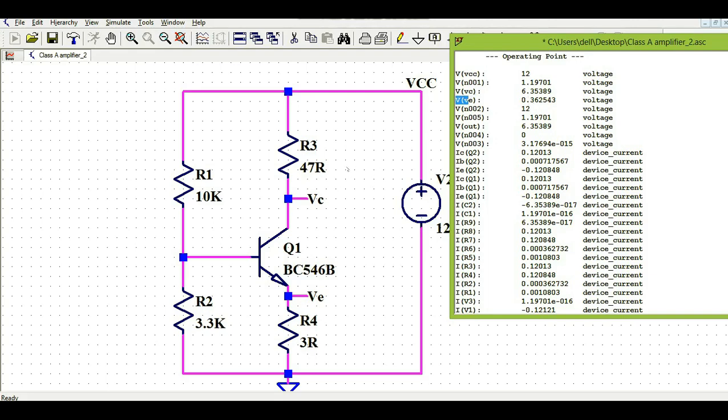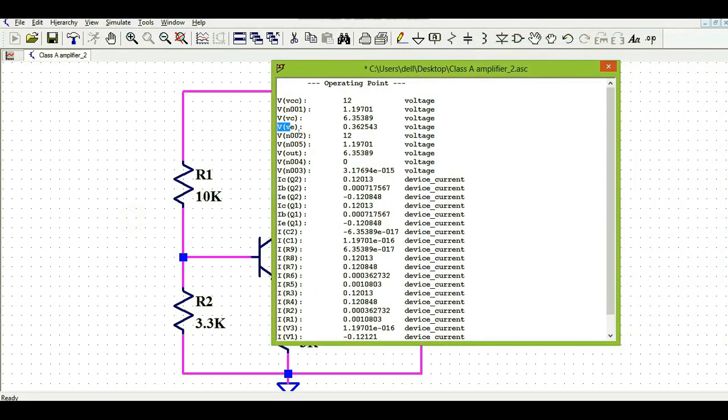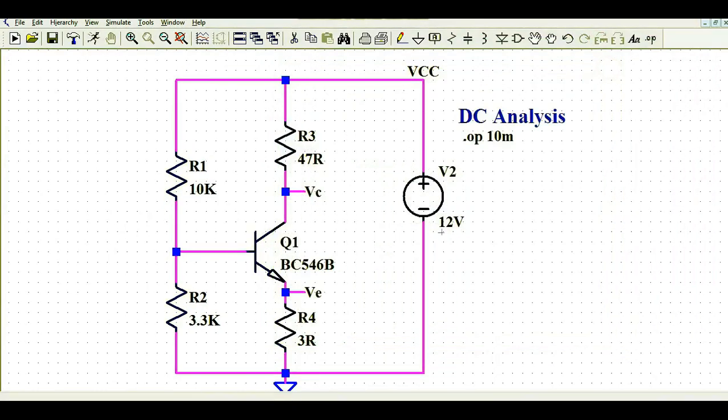So it is exactly biased. This circuit is exactly biased at 6 volt. Even if you see your supply is 12 volt, this circuit is biased at VCC by 2, that means 12 volt by 2, that means 6 volt. Okay, so this is the DC operating point analysis.